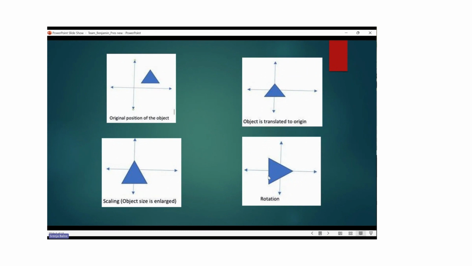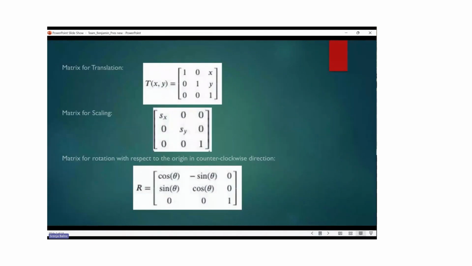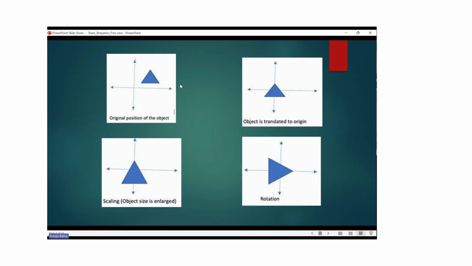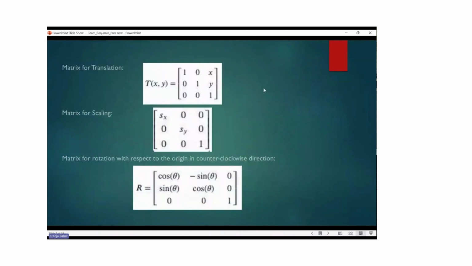In this form, the final output would be in this format. And again, we need to make this image shift to the original position using the translation again. So the overall matrices will be of this form. First, we can see we have performed translation here. So for translation, the matrix would be in this form.